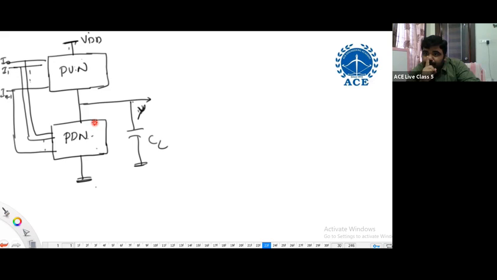Once again, try to understand the points correctly. I'm going to apply a very basic point here. These two networks are dual in nature, and also they are constructed using switches which are complementary. So dual, then complementing switch. What is that? De Morgan's law, to get a complementary function. Do you remember?